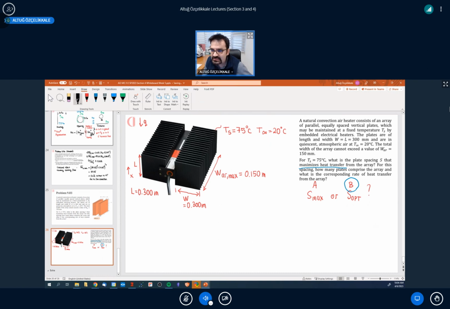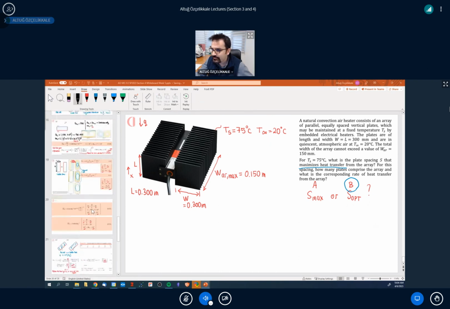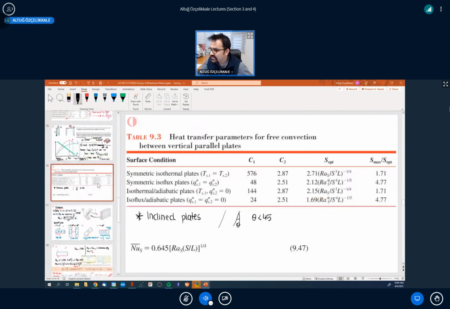So when you look at this table over here, first of all, which part are we going to focus on? Now, I'm not showing you the right one. Hold on a second. There you go. So we have 4 conditions. We are looking at symmetric isothermal plates, and for S optimal we are going to be using this parameter.